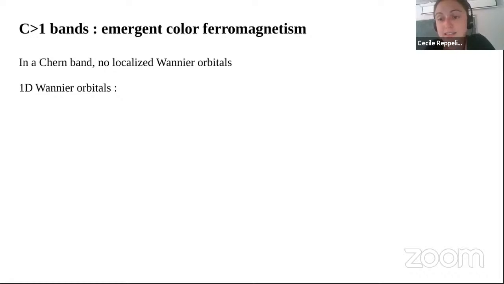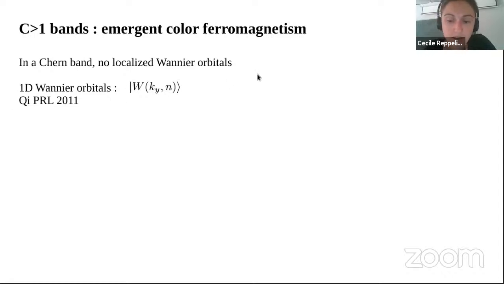And that means that those 1D Wannier orbitals are plane waves in one direction. So they are completely delocalized in one direction and characterized by a momentum ky, for example, and completely localized in the other direction, characterized by an integer n, which corresponds to one specific position in real space.